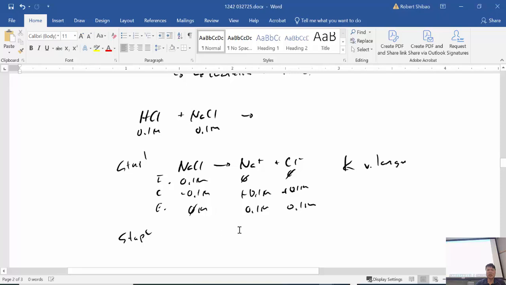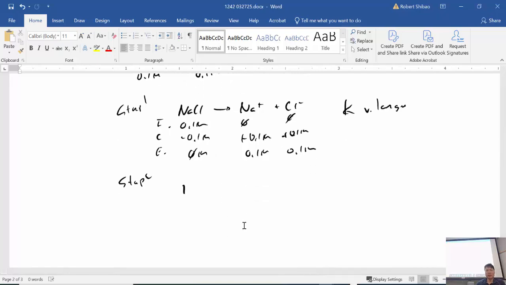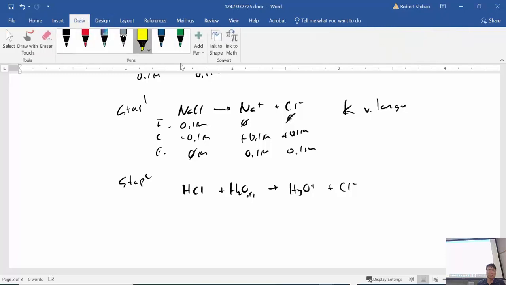Step 2 is HCl. And so I have HCl here, and HCl will hydrolyze water completely. That's going to form hydronium and chloride. And what I'm going to do is take the chloride that I generated from step 1 and drop it into step 2 here. So what I'll do is just do the standard.